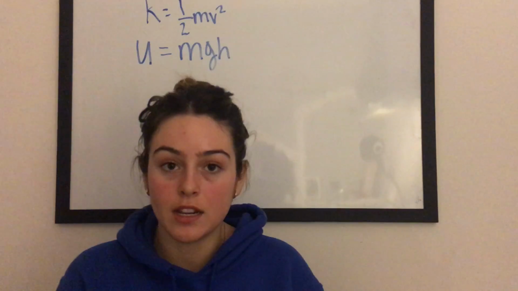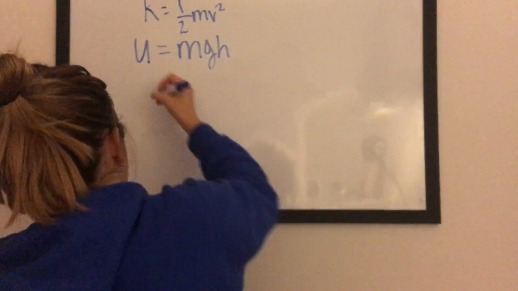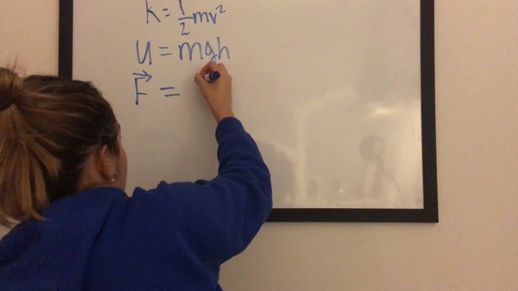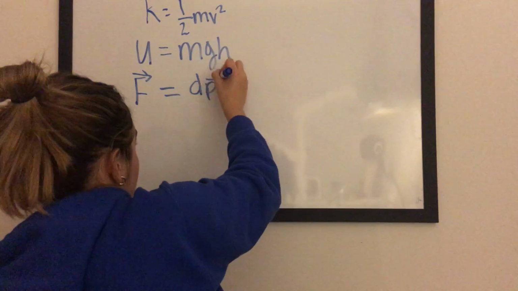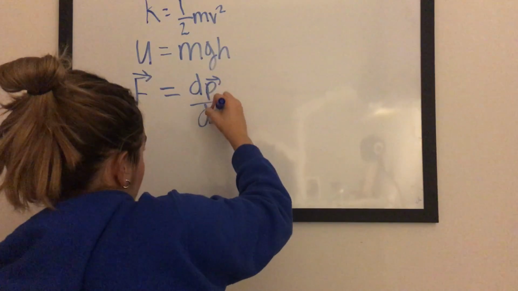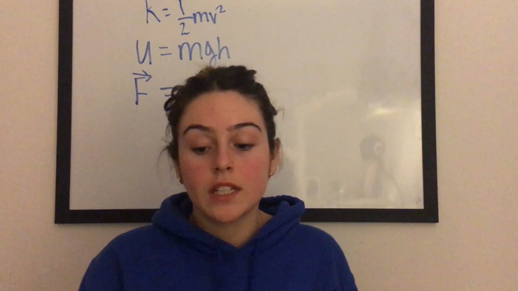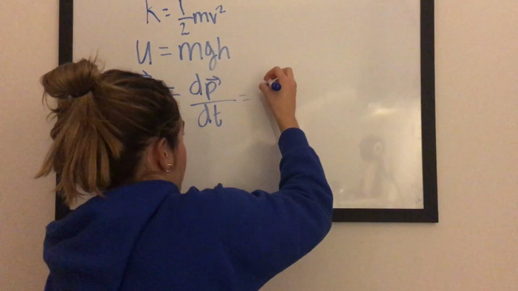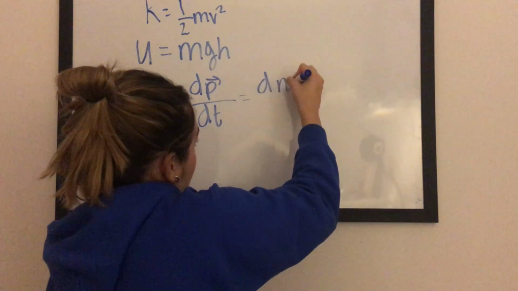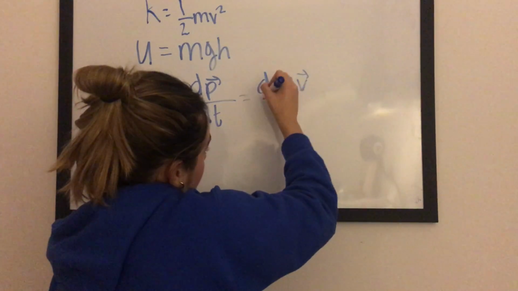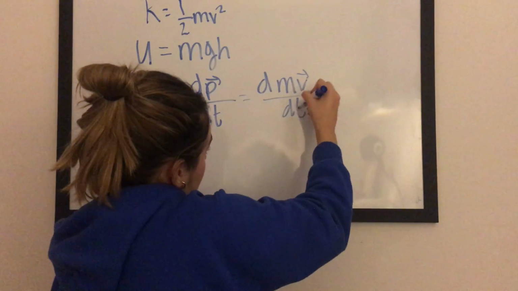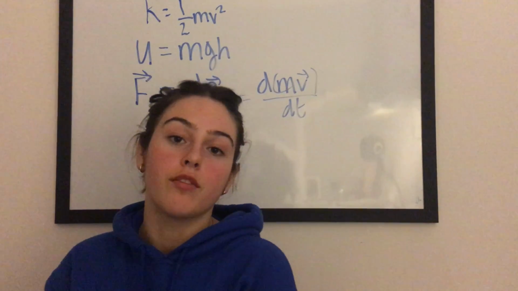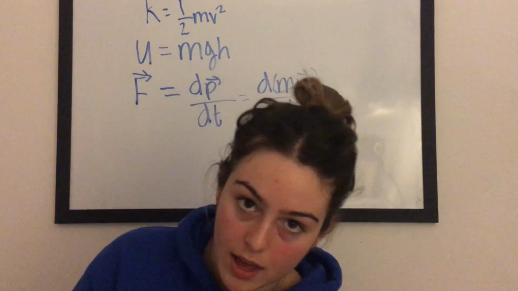So this can be written in a formula as force is equal to the derivative of momentum, which can also be shown as the derivative of m times velocity. This is just because of the formula P is equal to mv.